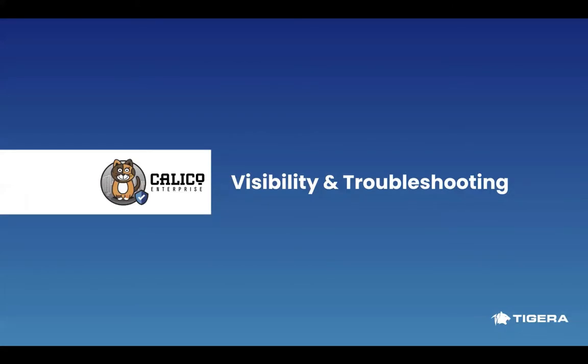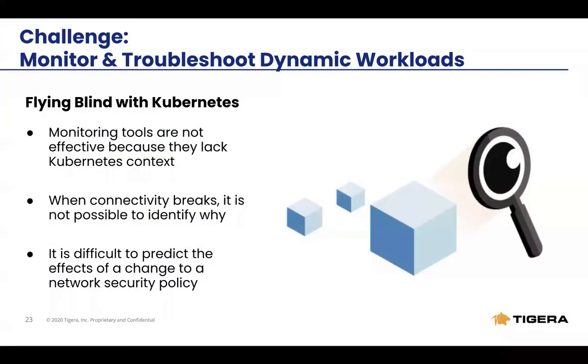Let's switch into visibility and troubleshooting before we do a demo. As you know, because of the dynamic nature of Kubernetes, if you're deploying your application, especially by CI or CD systems for ongoing, continuous release, you feel like you're flying blind.